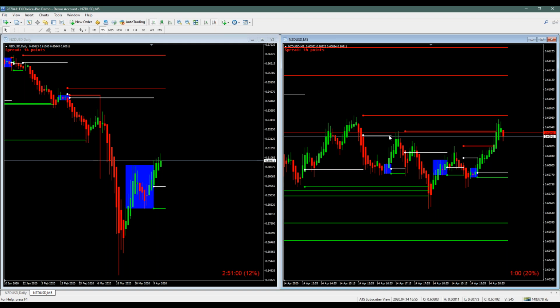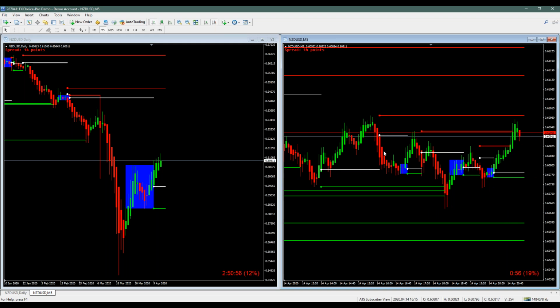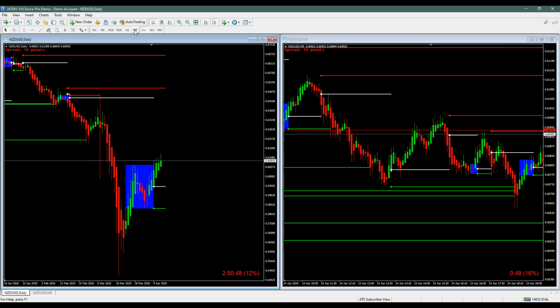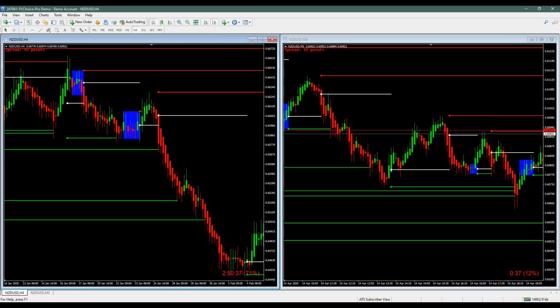I just wanted to address a few things about the actual entries. We get caught up in talking about theory on stuff like this, so I wanted to go through New Zealand dollar and talk about what's been going on right here. We broke out of this box on the 9th. That was the first candle out. I'm going to flip over to the 4 hour and the 15-minute, and we can talk about what's there.